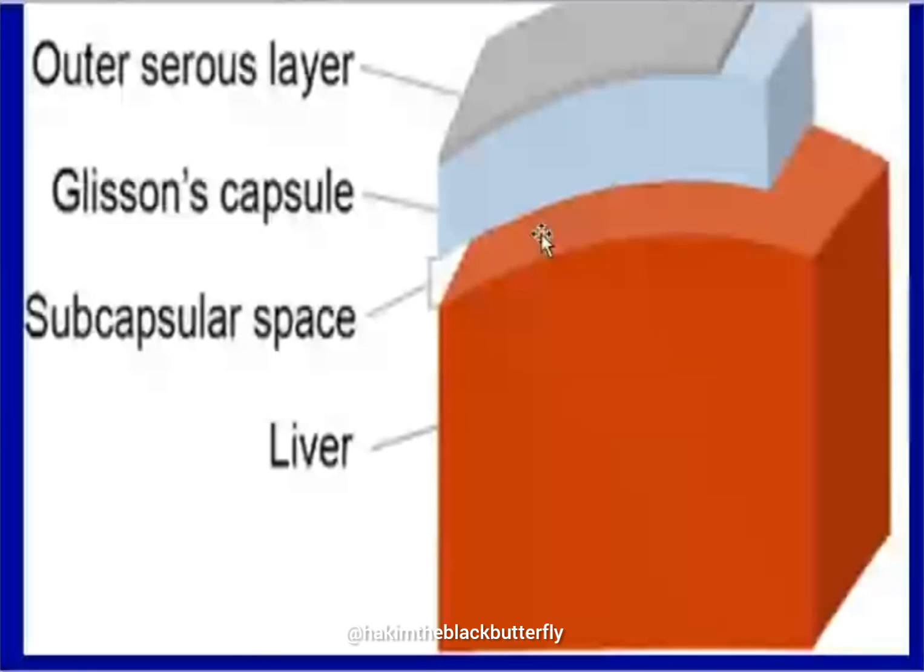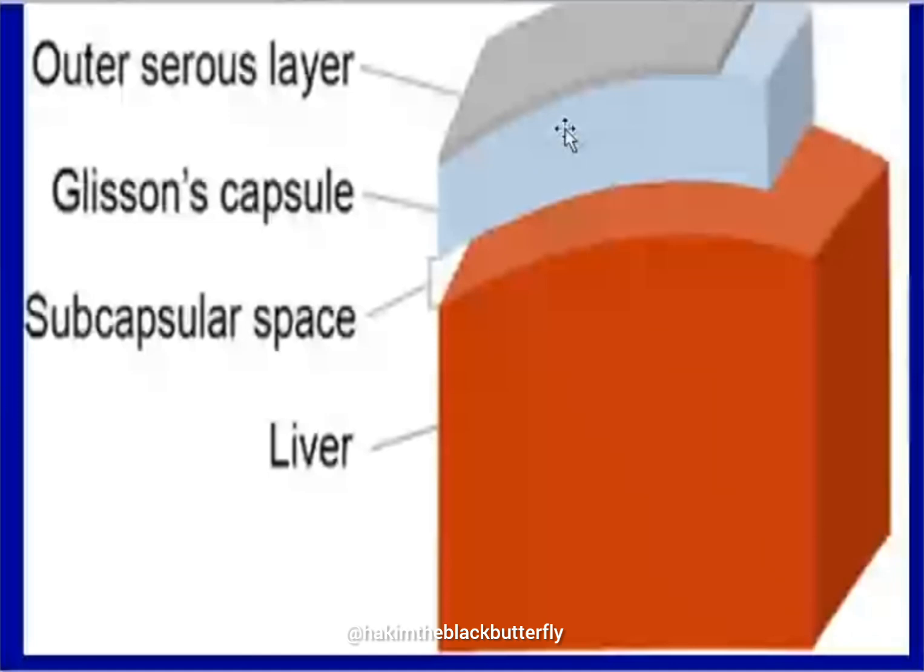But under normal circumstances, the subcapsular space is collapsed. You cannot see any content there. We're looking at the liver being lined by visceral peritoneum, which makes the outer cellular layer. Deep to it, you have Glisson's capsule, which is the connective tissue or fibrous capsule.